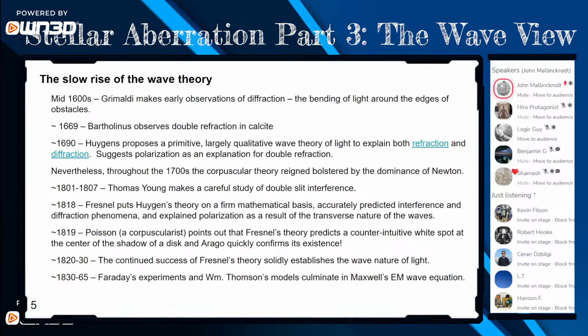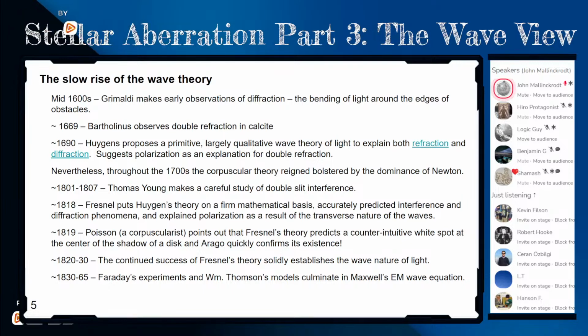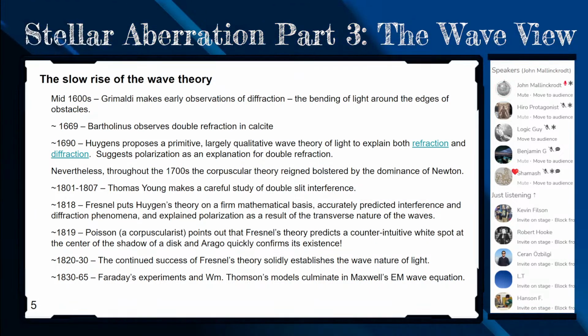Everything that had been seen was explained very nicely this way. And because of his proposal that light be a transverse wave, it allowed the explanation of these polarization effects, that the wave can, like a wave on a string, be vibrating either up and down or side to side.